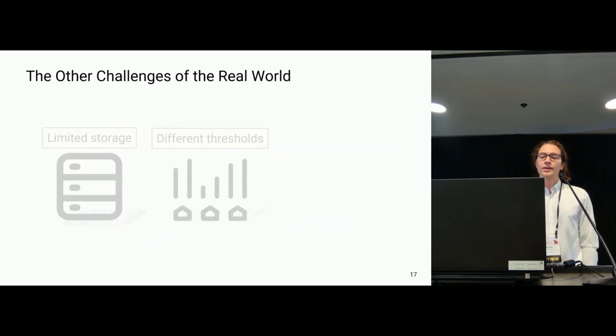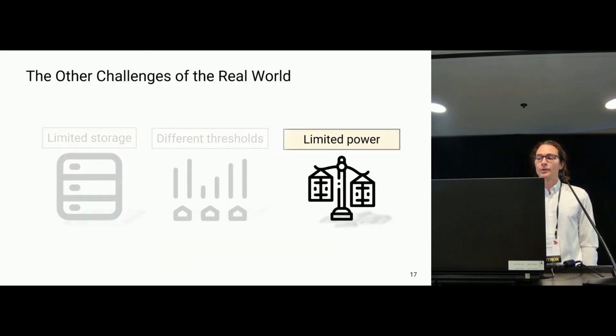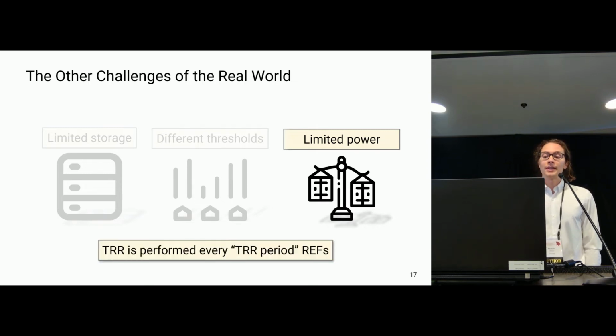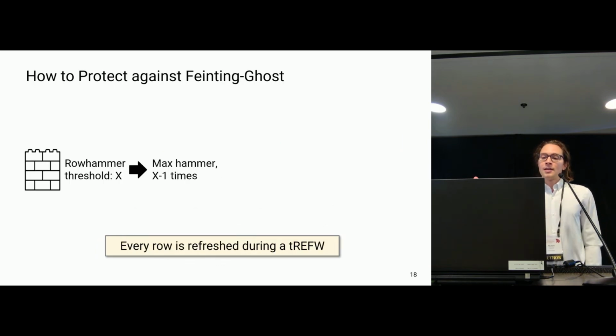So let's go on with another challenge of the real world, which is limited power. Well, we will not get too much into details, but the concept is that TRR can be performed every TRR period refreshes, meaning that TRR can be done every 2 or 3 refreshes, or every 10, and so on. So how can we protect against fainting ghosts?